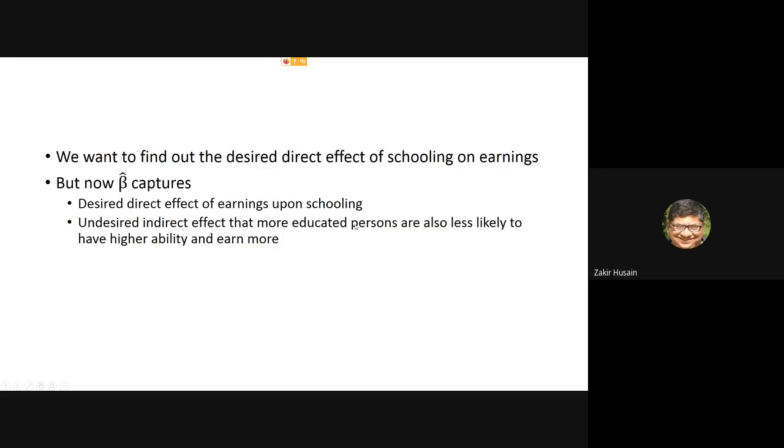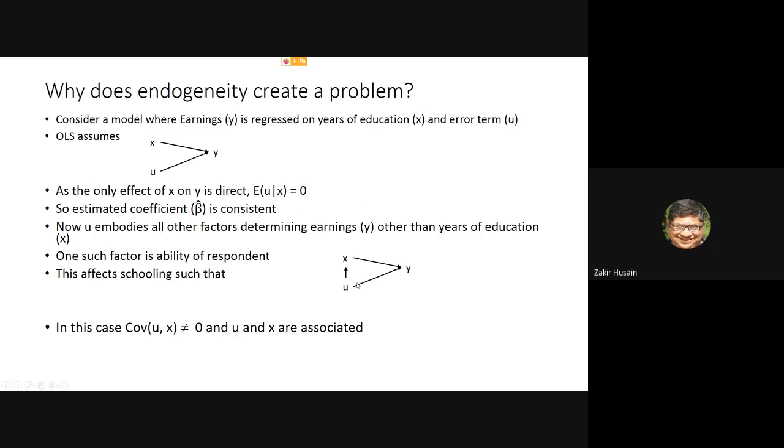A more educated person is also likely to have higher ability and earn more. So the impact on earnings captures the impact of education, which you want, plus the impact of ability. So this U comes in, this is the indirect effect. Most real life situations are like this only.